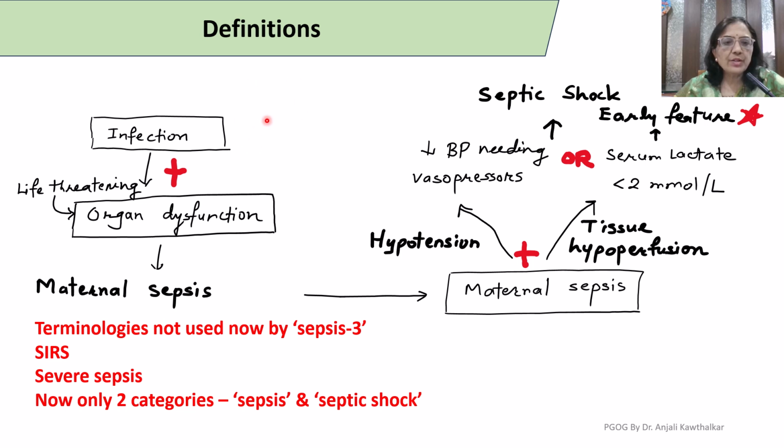To revise the definition, if a patient has an infection, for example a urinary tract infection, and then there is life-threatening organ dysfunction. Say the patient has a severe UTI which remains untreated for a long time, and now she comes to you with organ dysfunction affecting the lungs, kidneys, or the infection spreading to the kidney leading to pyelonephritis, and even affecting the liver or brain.